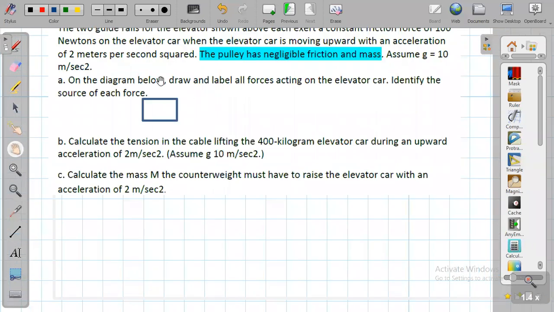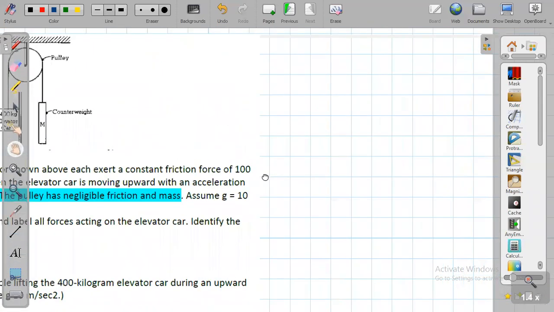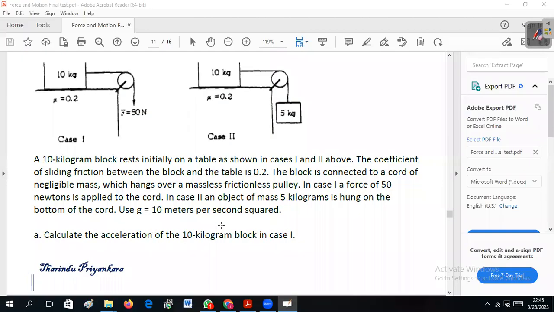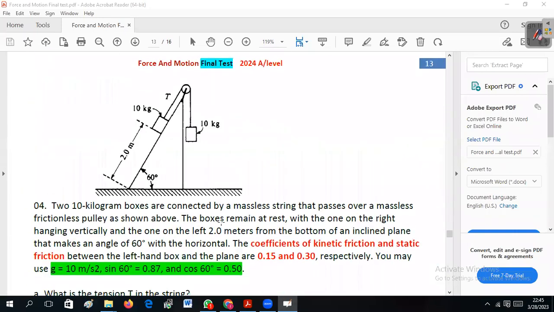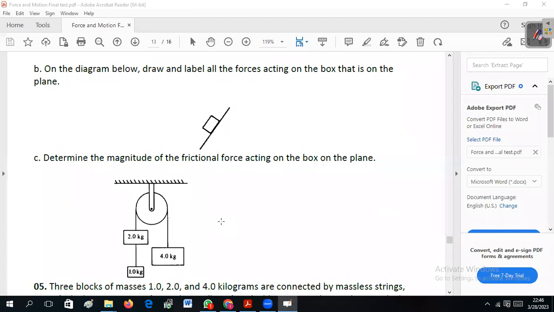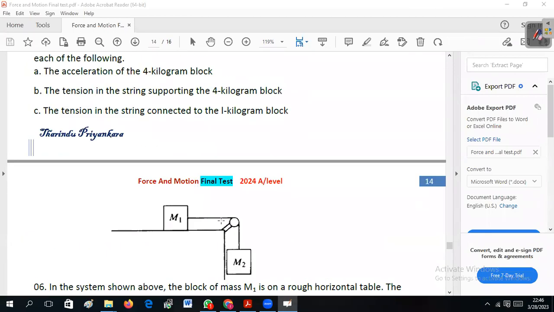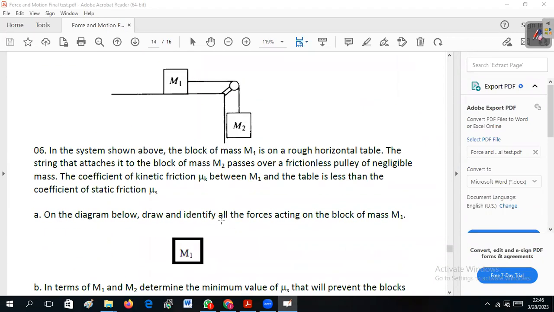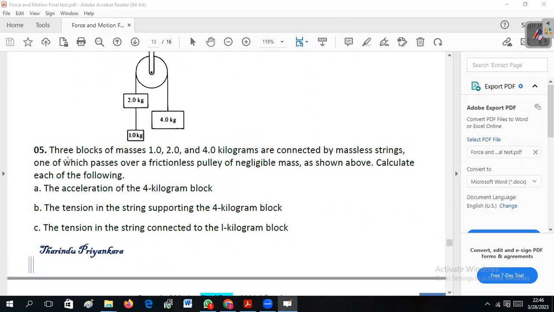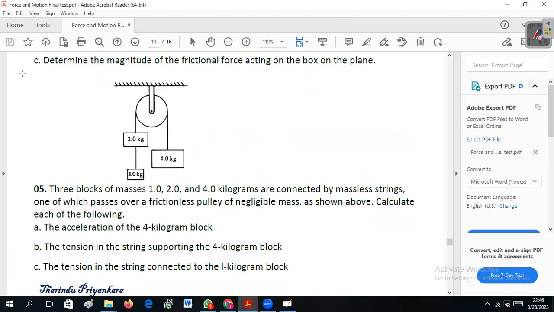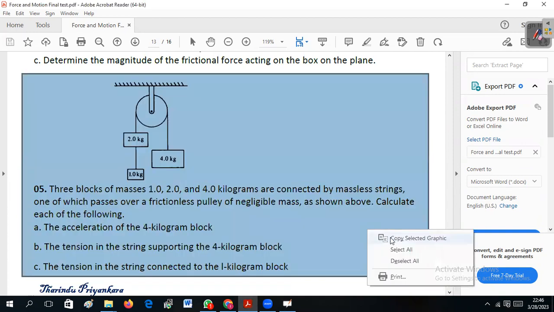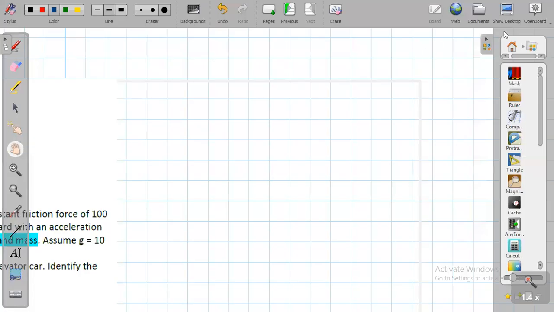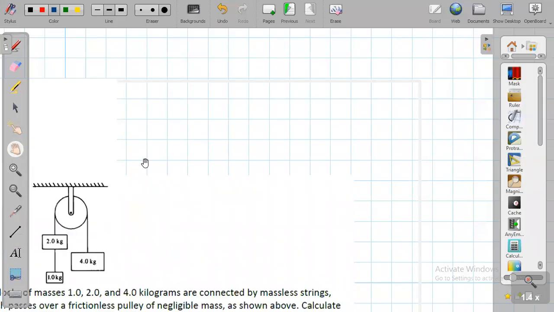I'll give you a couple of questions. This one and another one, which is an extension of the same question. Question number 1 and question number 5 are going to be your first assignment.